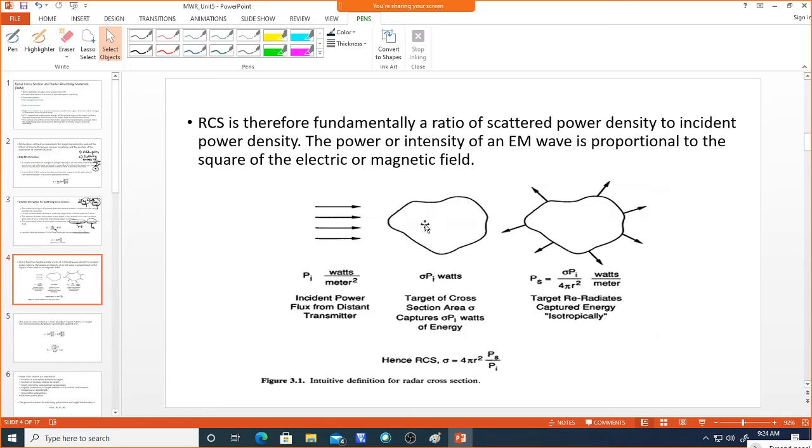It will either capture or absorb the energy, in terms of sigma into Pi. So whatever is incident on this target will scatter or be absorbed, as I said. Two things happen here: one, it is scattered in all directions, and also it is absorbed.